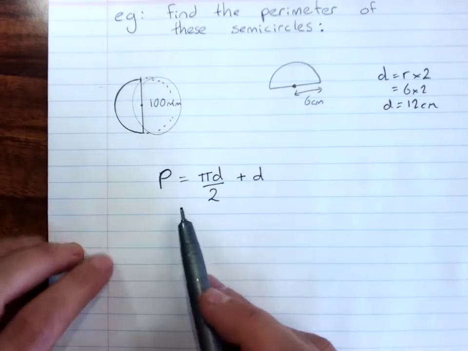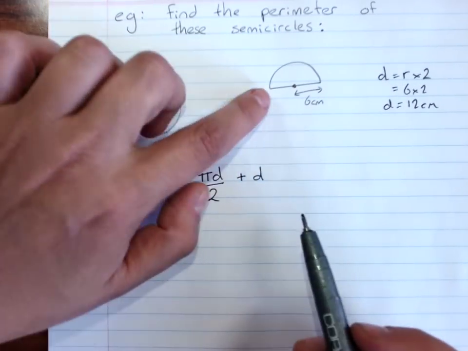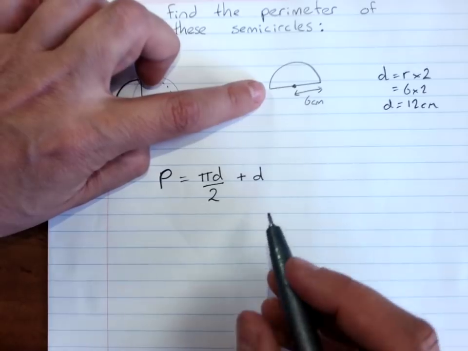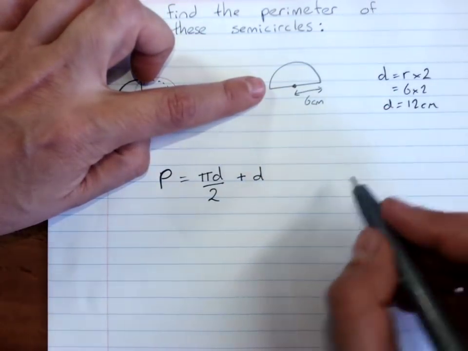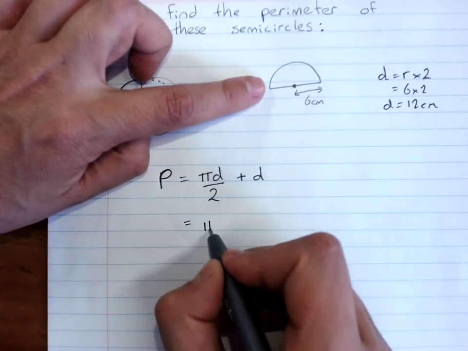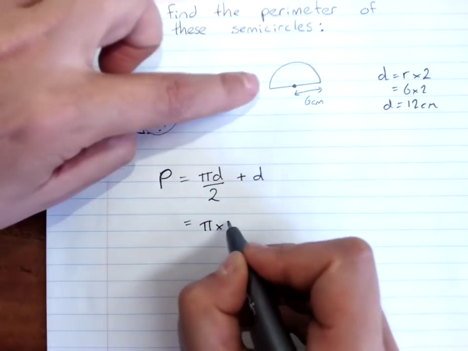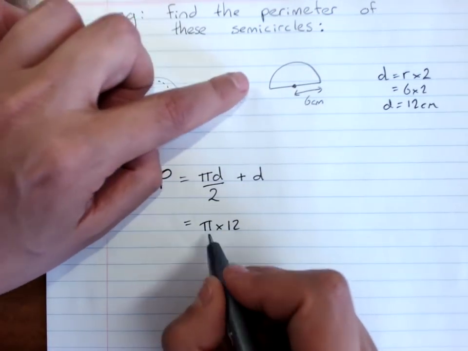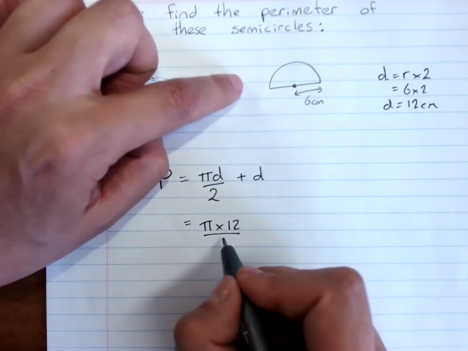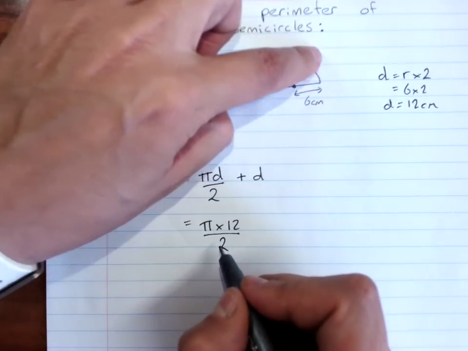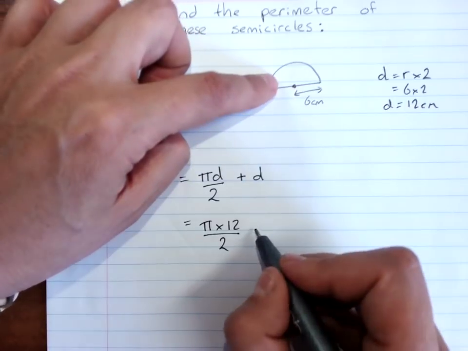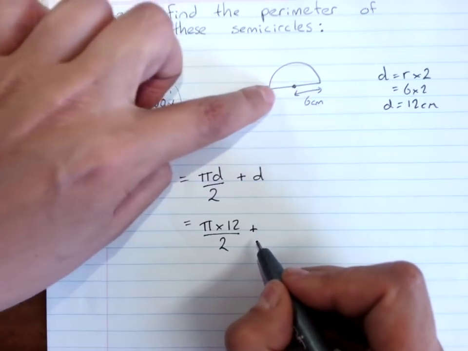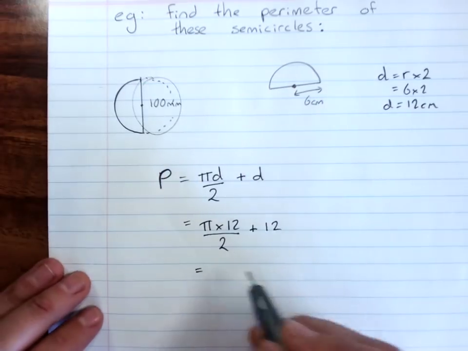So if I'm finding the perimeter, I'll just do it really quickly of this semicircle because I'm running out of time. That's going to be pi times the diameter of 12, because I'm using the diameter formula because it's easier, divided by 2, because I've only got half the circumference of a circle, plus a whole lot of the diameter, which is 12.